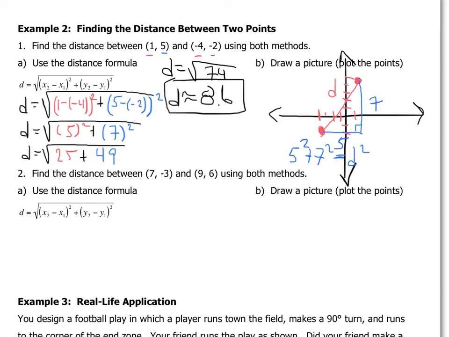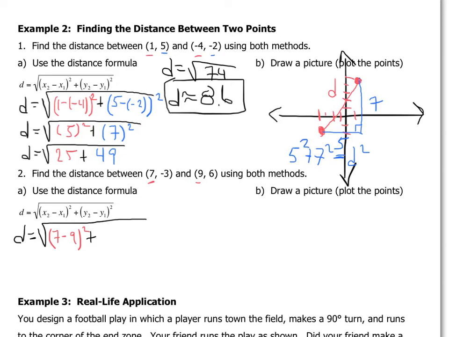So here on the next one, again, we're trying to find the distance between these two. One big, giant radical sign to start. I'm going to focus on my x's in red, so I'm going to say 7 minus 9 squared.